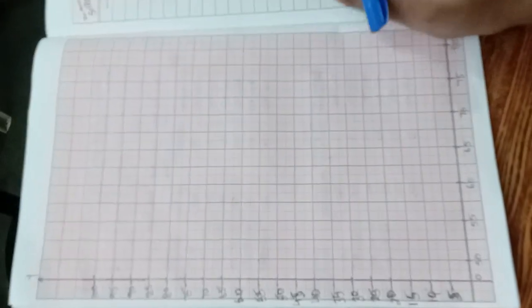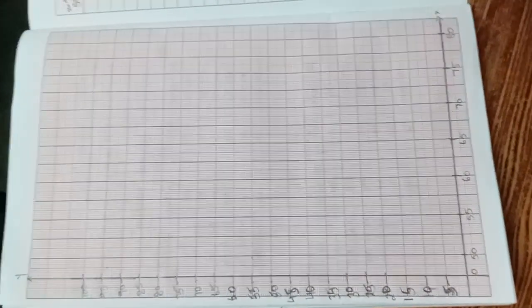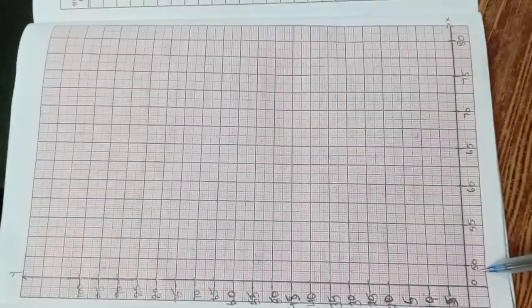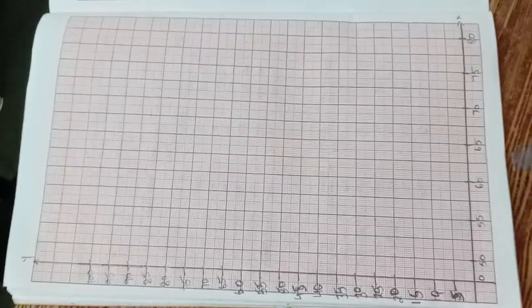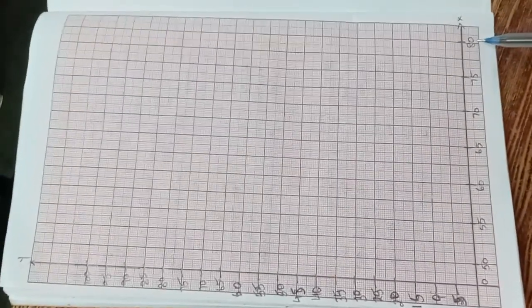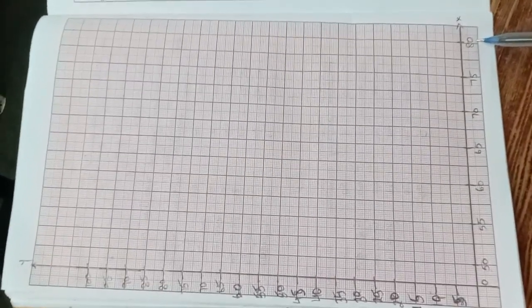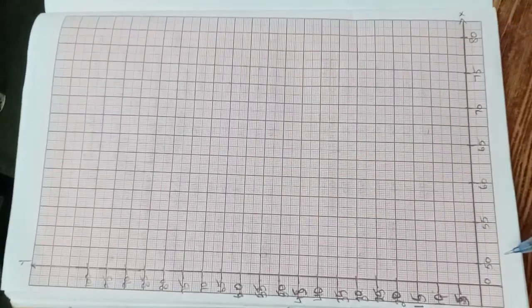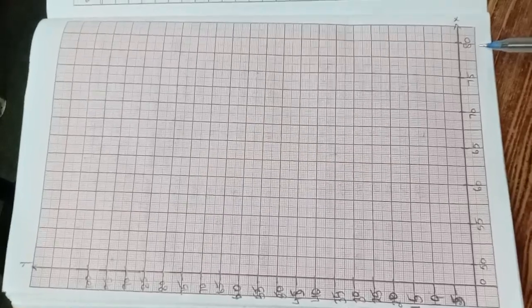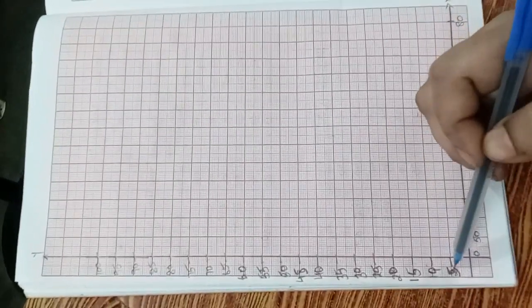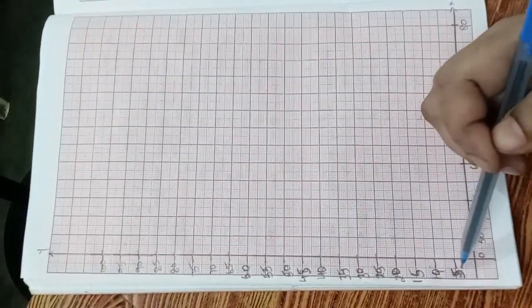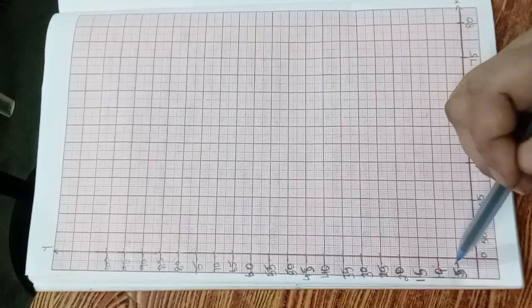Next, coming to drawing of the graph. Here the class interval starts from 50, and at last the highest upper limit of the class interval is 80. So I took 50 to 80 on the x-axis, and on the y-axis I took the frequency starting from 5.